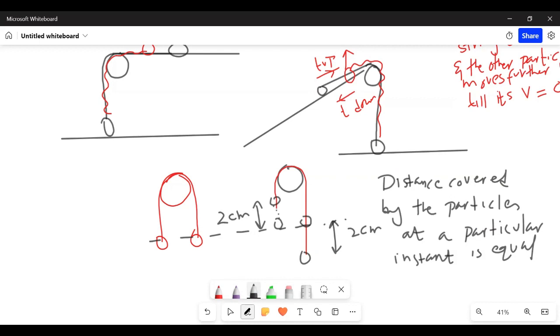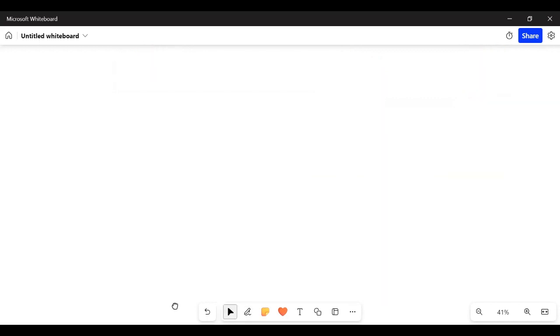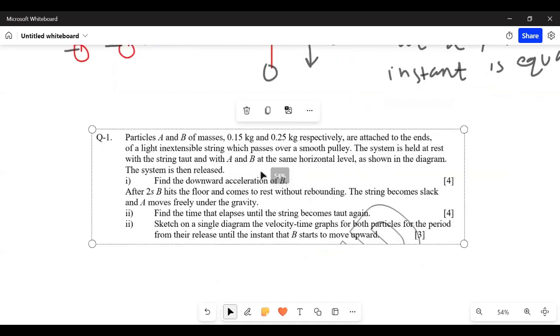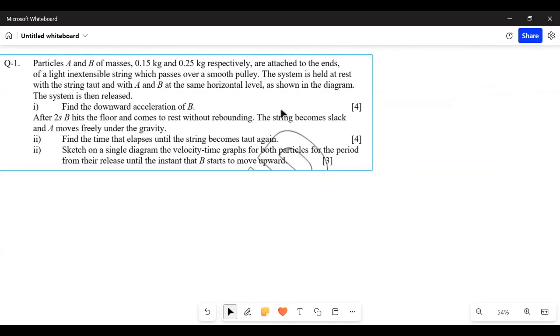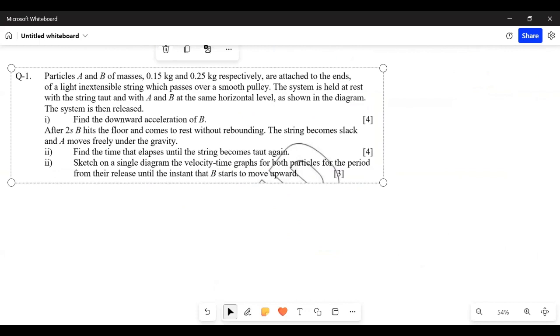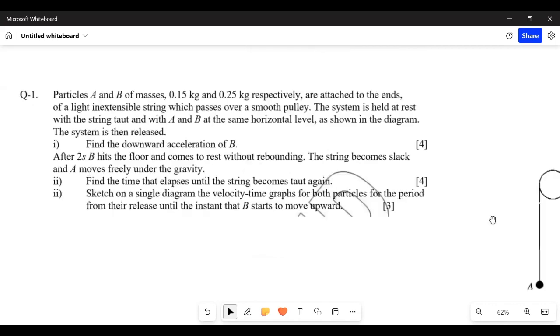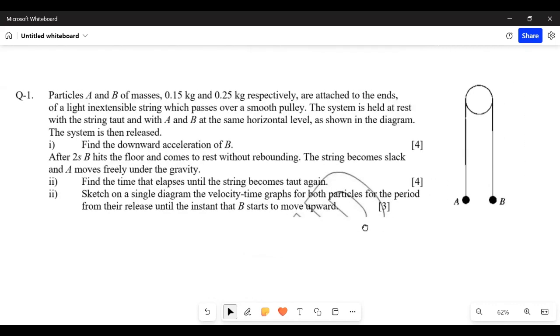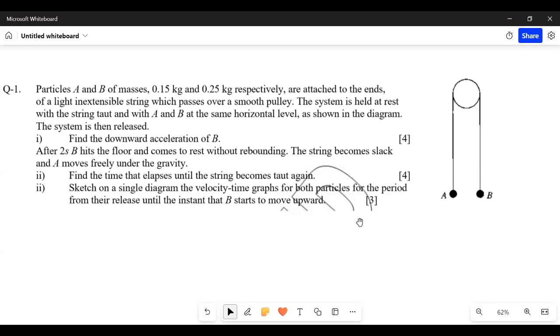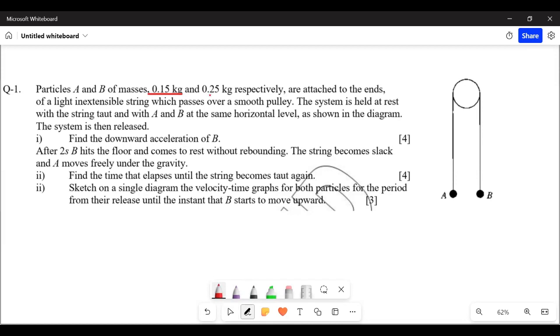Let's take a look at the first question. Particle A and B of mass 0.15 kg and 0.25 kg.